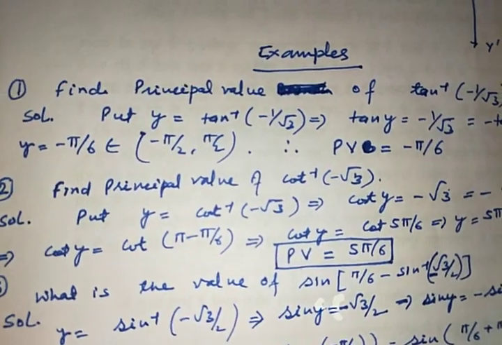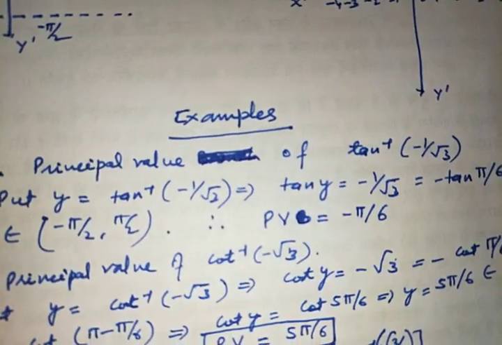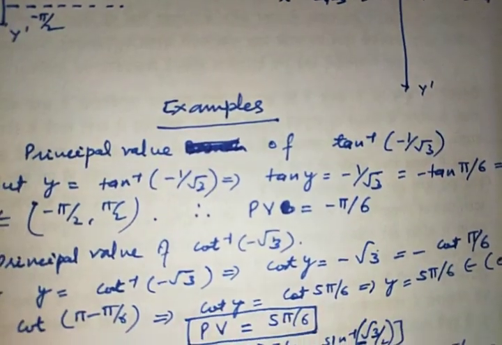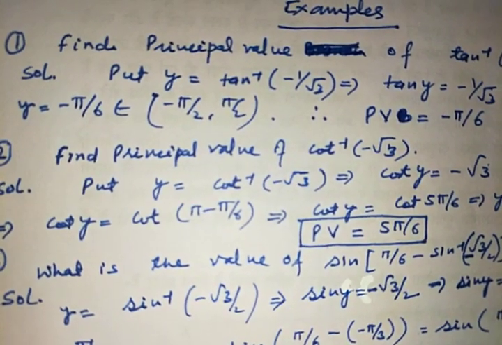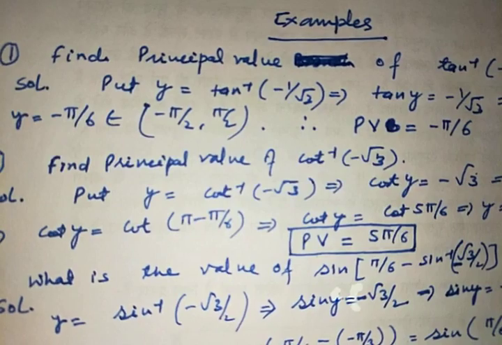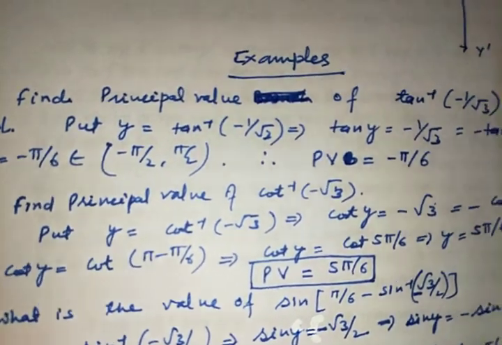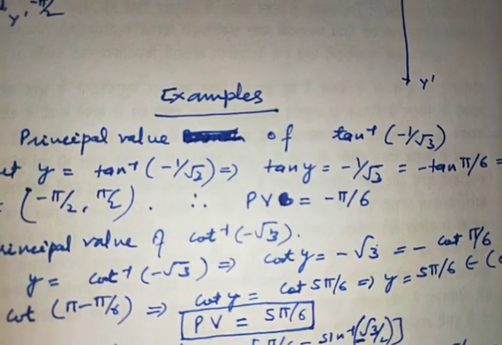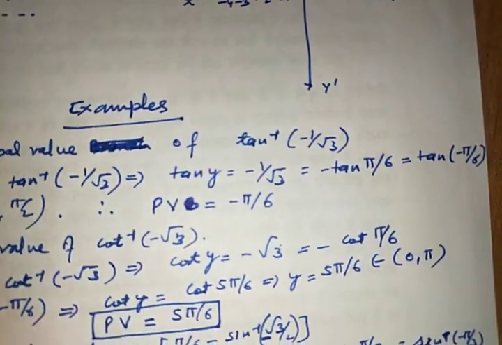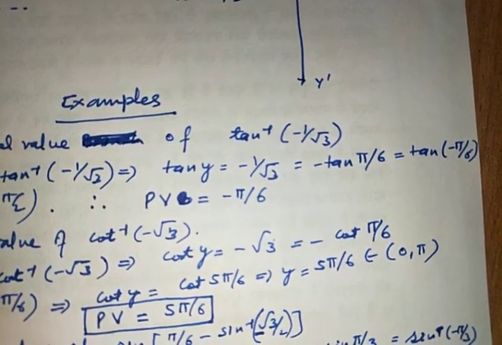Question number first, find principal value of tan inverse minus 1 upon root 3. Children, solution is as follows. Put tan inverse minus 1 upon root 3 is equal to y. This implies tan y is equal to minus 1 upon root 3. This implies minus tan pi by 6. This implies tan of minus pi by 6.